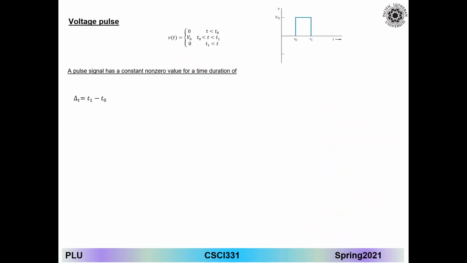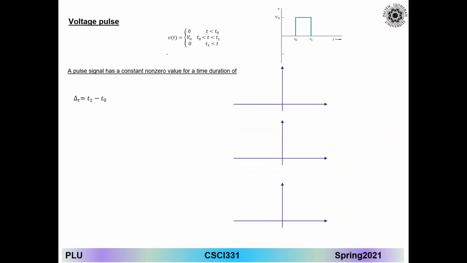Another thing that we can use is to generate a pulse based on u of t. So here is the u of t, and they are listed as a pulse in that case. What we can do is formulate that pulse based on the play of u of t.